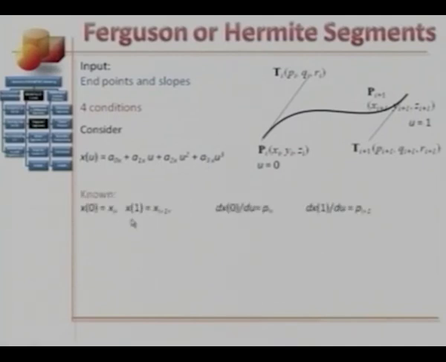Going further, for u equals 0, x of 0 is xi, x of 1 is xi plus 1, for u equals 1, dx over du evaluated at u equals 0 is pi, and dx over du evaluated at u equals 1 is pi plus 1.